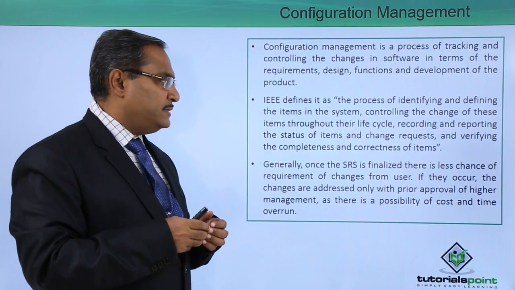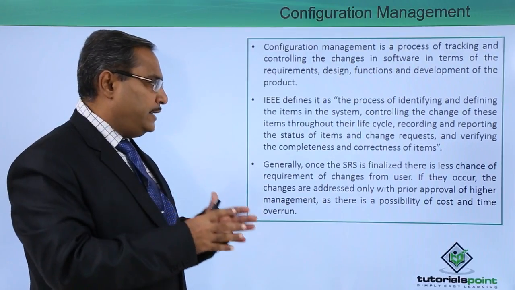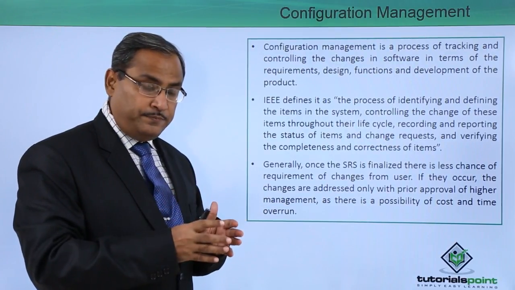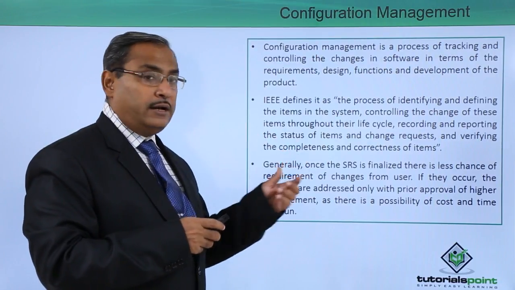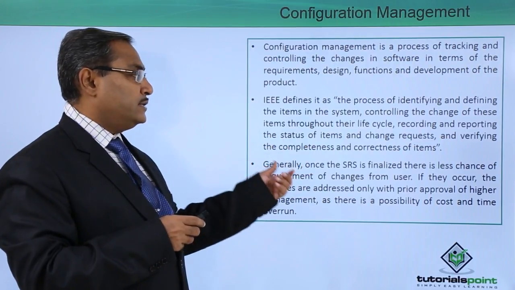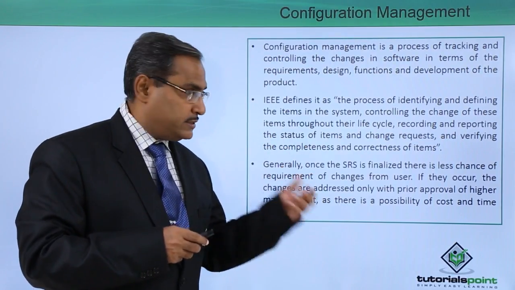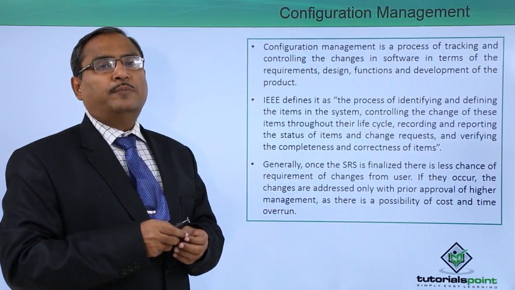IEEE defines it as the process of identifying and defining the items in the system, controlling the change of these items throughout their life cycle, recording and reporting the status of items and change requests, and verifying the completeness and correctness of the item.